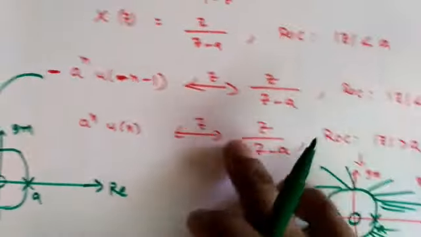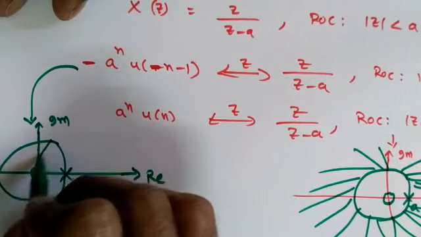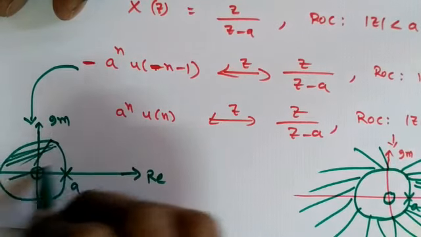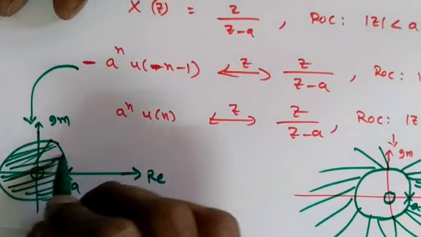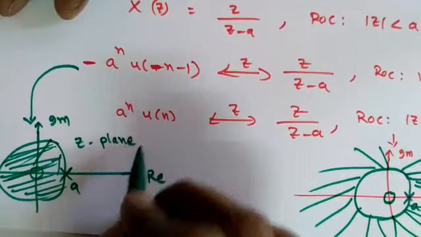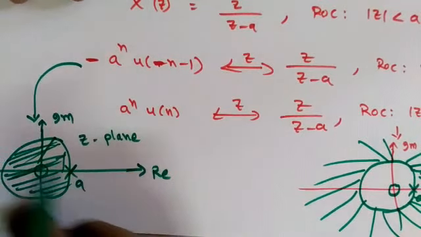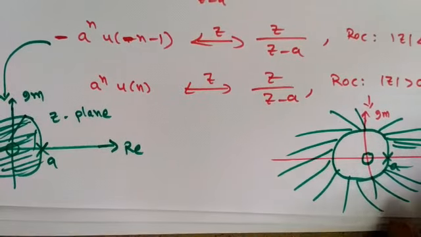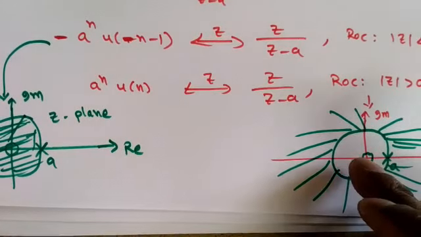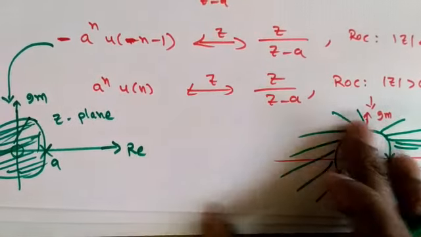Mod z is less than a, that means the inner part of this circle, so we'll get it like this. It may include the zero also. This is the ROC, this is the z plane, right? So we have the ROC in circles, compared to the Laplace transform where we got parallel strips, right? This is about these ROCs.